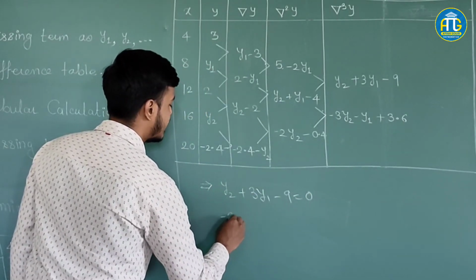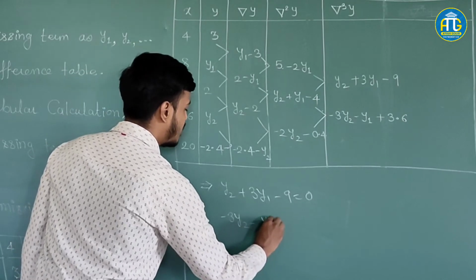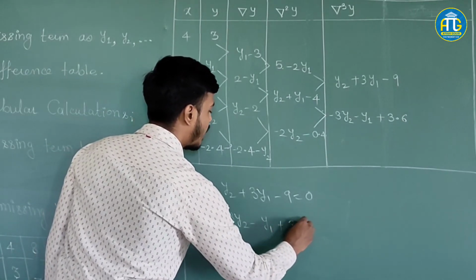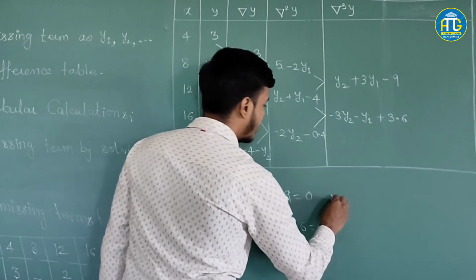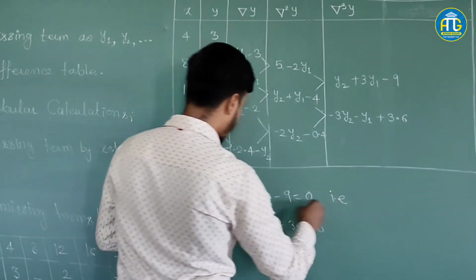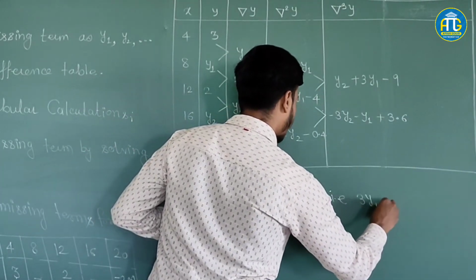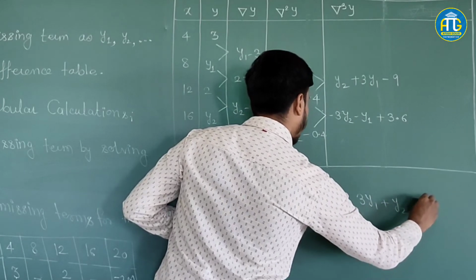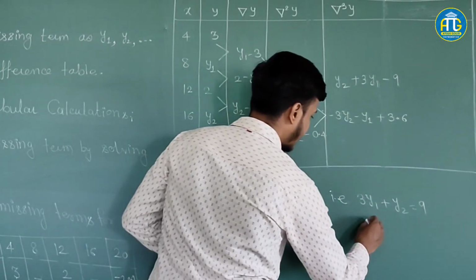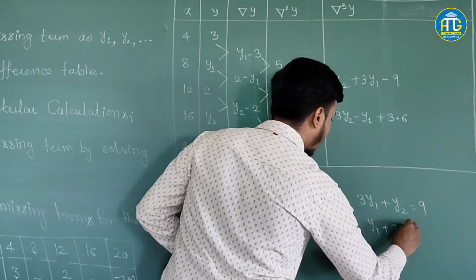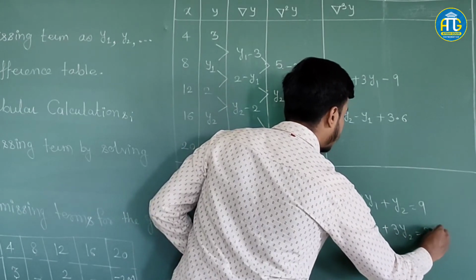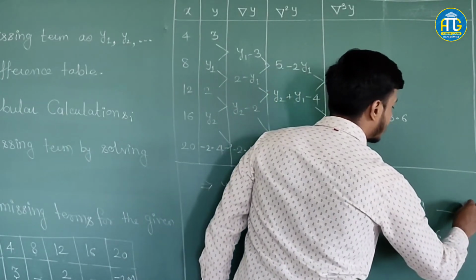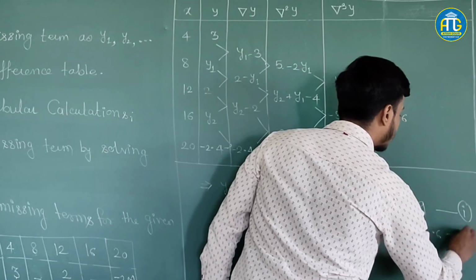And second one is minus 3y2 minus y1 plus 3.6 equal to 0. Let us rewrite these equations. So this would be 3y1 plus y2 is equal to 9, and then y1 plus 3y2 is equal to 3.6. Say this is to be 1 and this is to be 2.